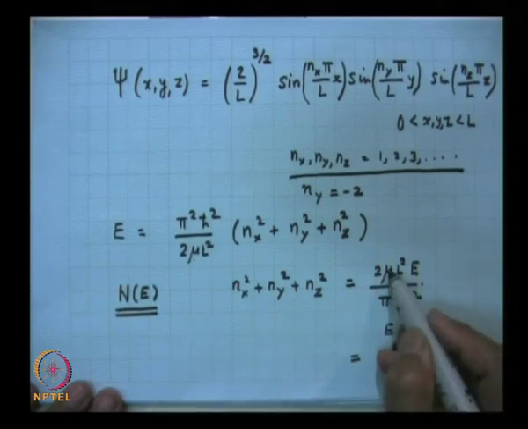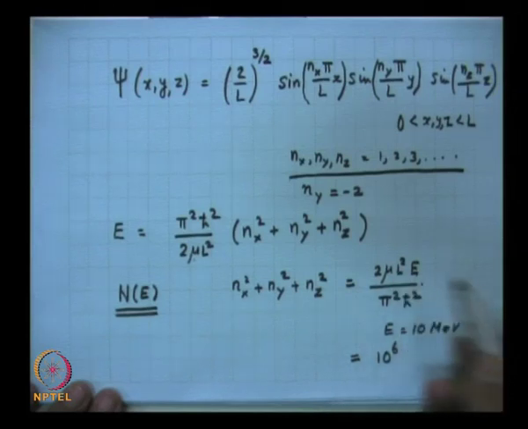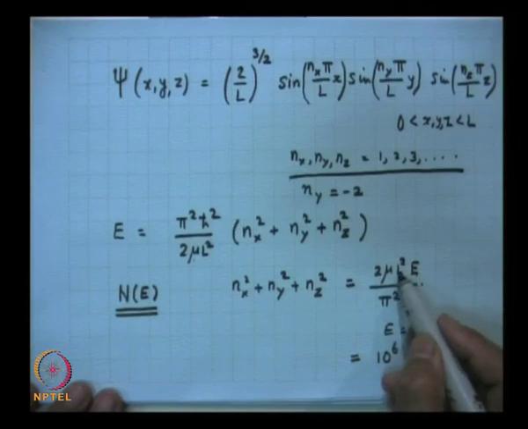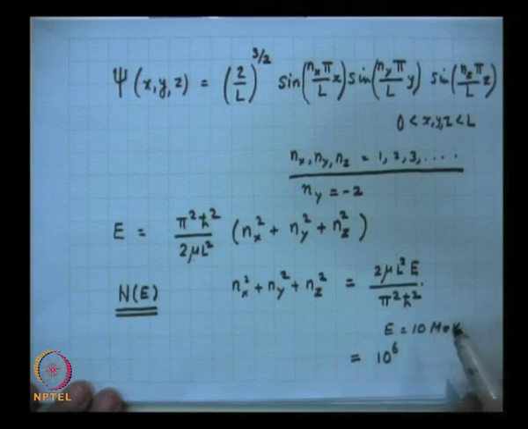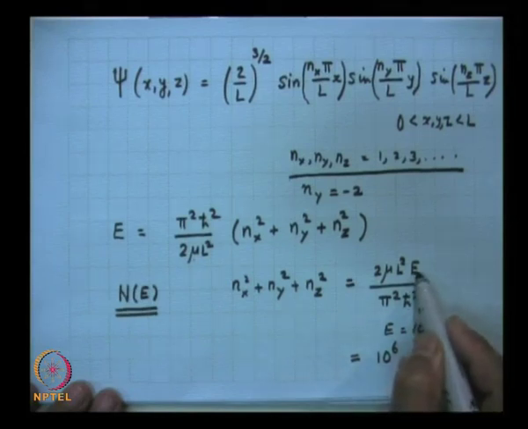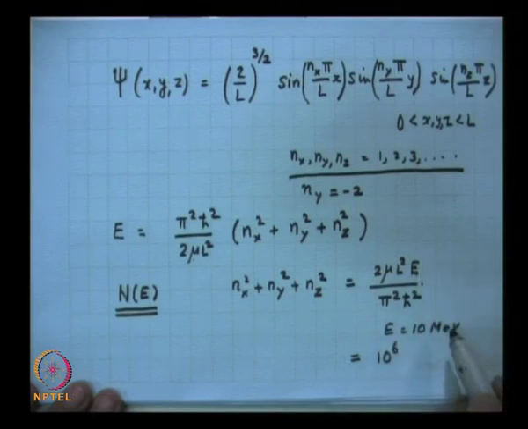I know the particle, which in this case will be electron. So, I know the electron mass. Let us suppose it is 1 meter by 1 meter by 1 meter, or 1 centimeter by 1 centimeter by 1 centimeter. So, I know what is L and what is h cross, and if I specify the value of E, then the right hand side is a number. Let that number be 1 million, let us suppose.